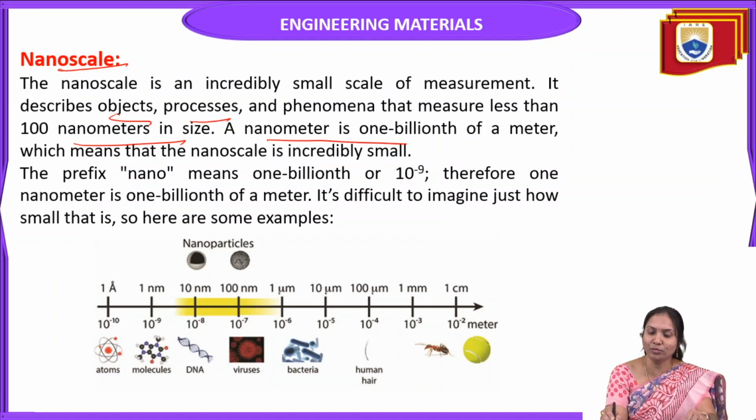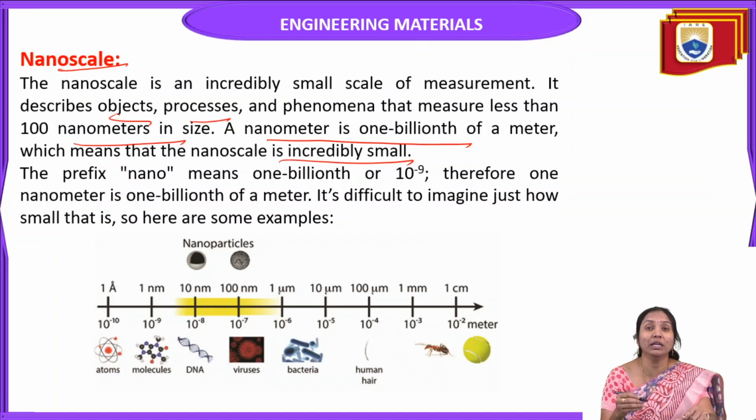Here, a nanometer is one billionth of a meter, which means that nanoscale is incredibly small. The prefix nano means one billionth, or 10 to the power minus 9.